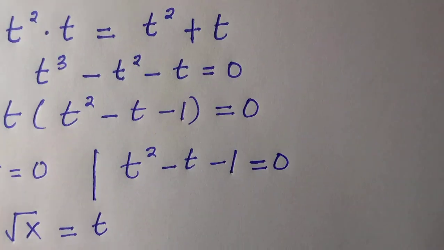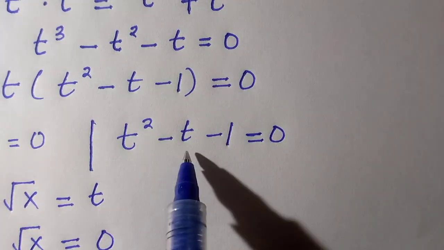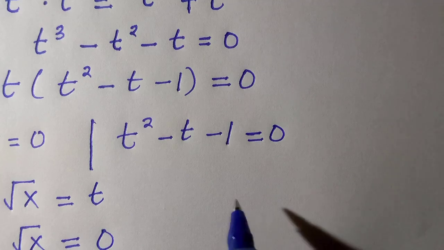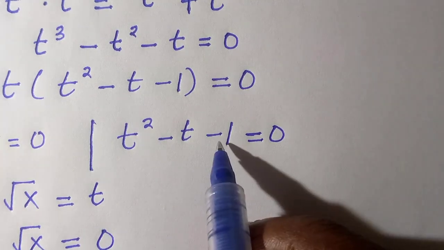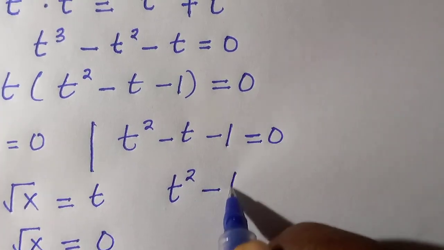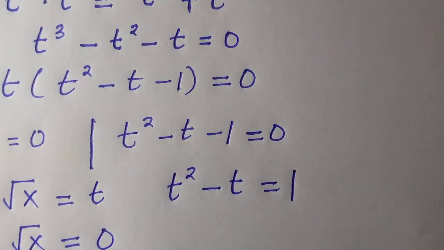And let's see the other solutions that satisfy this. From t squared minus t minus 1 equals 0, by transferring this minus 1 to the other side, we have t squared minus t equals 1.